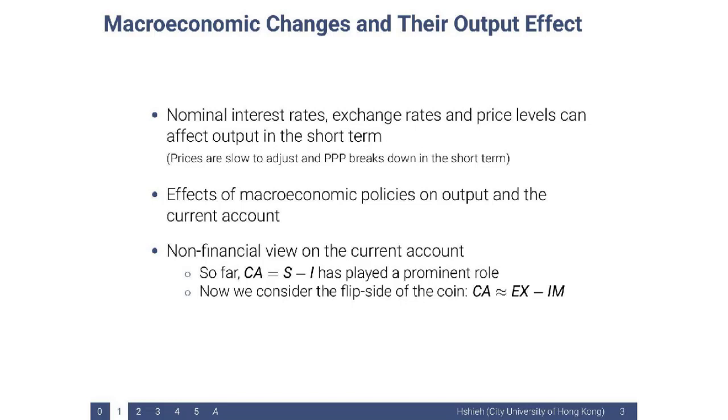Whatever is left over is essentially investment abroad. Now we are going to focus on this approximation of the current account in terms of EX minus IM, which we just talked about on the previous slide a few minutes ago.